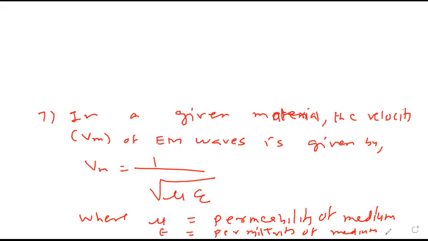If it is free space, then you get mu naught epsilon naught; in a medium, mu epsilon. So the seventh point is also done.